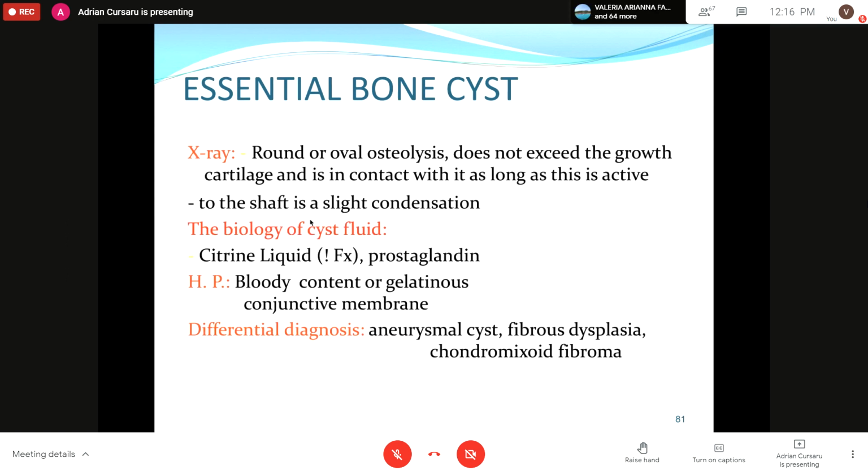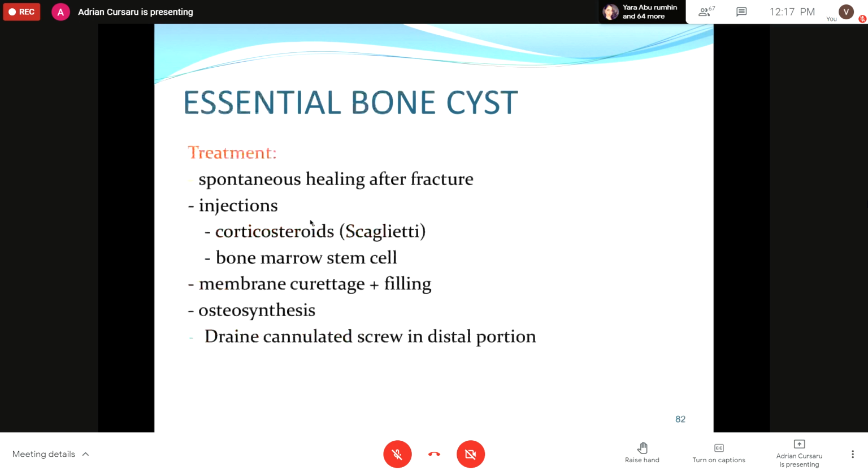You can make an X-ray to see the lesion, but also an MRI or a CT scan to establish the criteria of the lesion as a malignant or benign bone tumor.